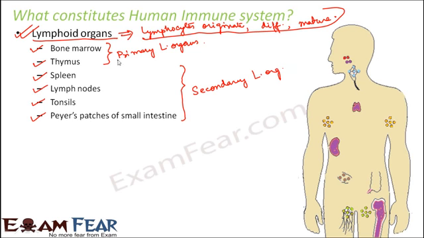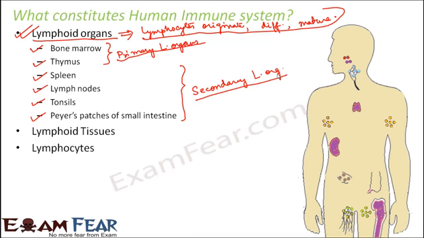So the origination, differentiation and maturation of lymphocytes takes place in the primary lymphoid organs, and the lymphocytes get ready there. Once the lymphocyte is ready, it goes to the secondary lymphoid organ, which provides the site where the lymphocyte can attack the antigen. That is why they are classified as primary and secondary lymphoid organs. Other than this, there are also lymphoid tissues which form a part of the immune system.